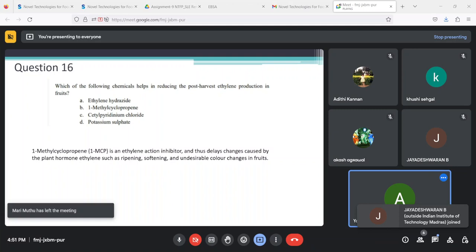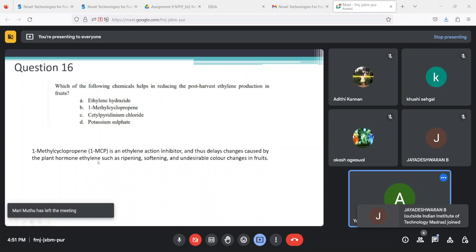Ethylene will bind to the receptor and cause these changes. So this chemical competes with ethylene for the receptor, binds to it, and will not allow ethylene to bind. The moment ethylene cannot bind to its receptor, you will not see these changes. I hope the mechanism of action is clear.